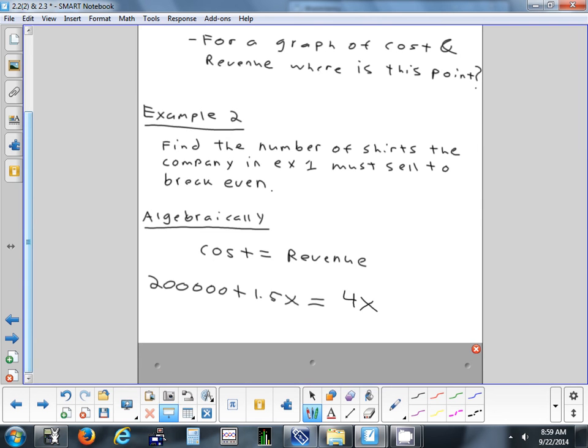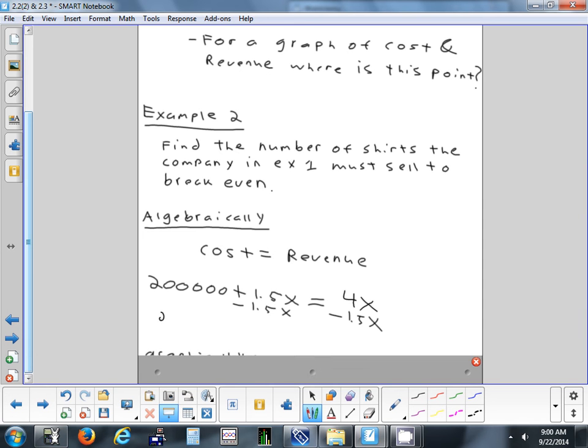Andrew, what's my first step to solving that equation? Subtract 1.5x. Yep, subtract 1.5x. And 4 minus 1.5x is how much? 2.5x. Yep, 2.5x. Okay, and then my last step, Justin, to get x by itself.